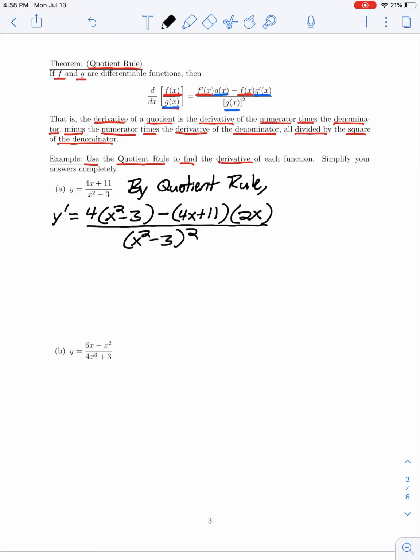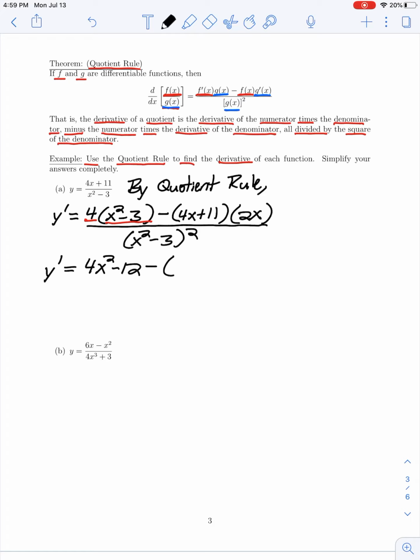Now simplifying within the numerator, we could expand and group like terms. For the first part of my numerator, if I distribute this constant 4 through my x squared minus 3, I have 4x squared minus 12.